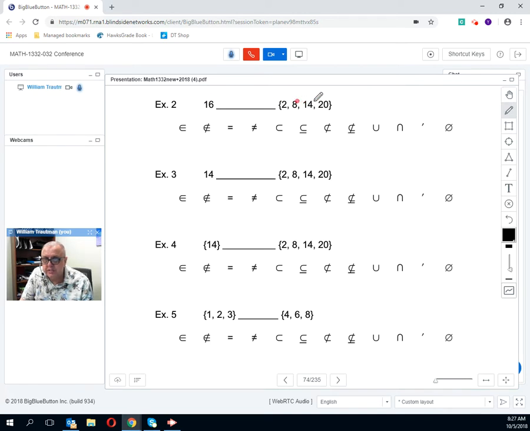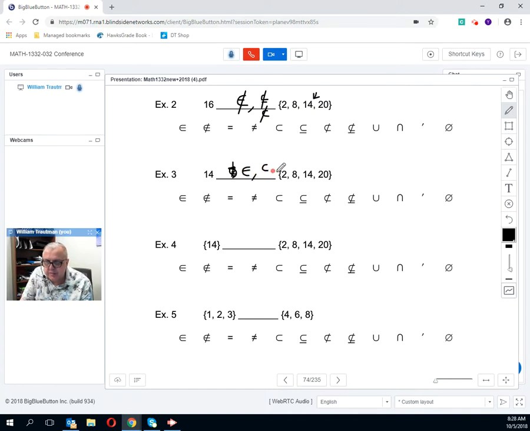If you look at 16, 16 is not an element. It's not in here. It's also not a subset. If it's not a subset, it's not a proper subset. 14 is an element.